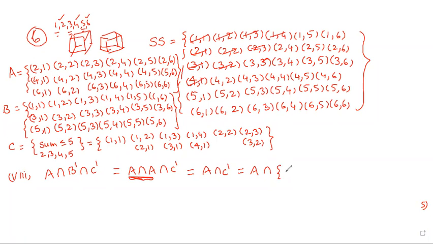What is remaining is 1 comma 5, 1 comma 6, next 2 comma 4, 2 comma 5, next 2 comma 6, next 3 comma 3, 3 comma 4, 3 comma 5, 3 comma 6.